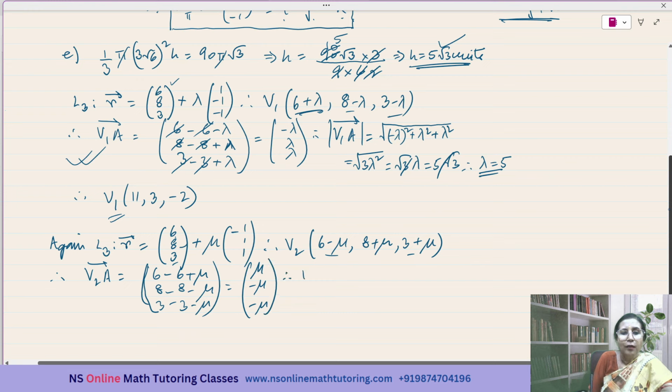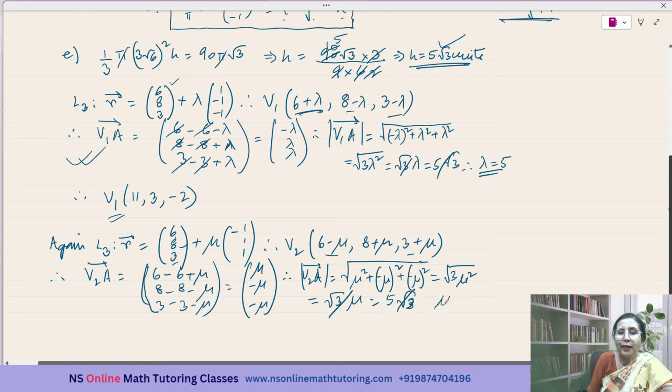Therefore, the magnitude of the V2A vector will be equal to the square root of mu squared plus negative mu squared plus negative mu squared, which is equal to root 3 mu, which is equal to 5 root 3.